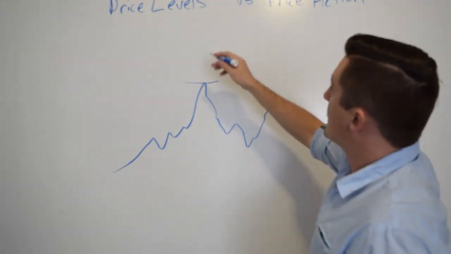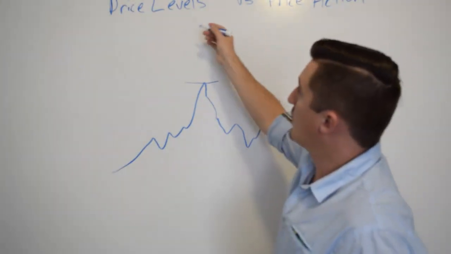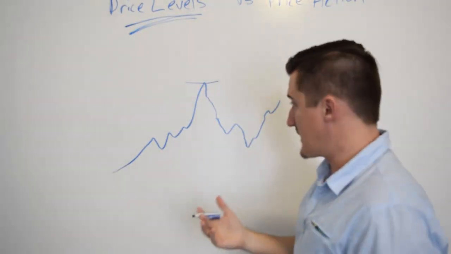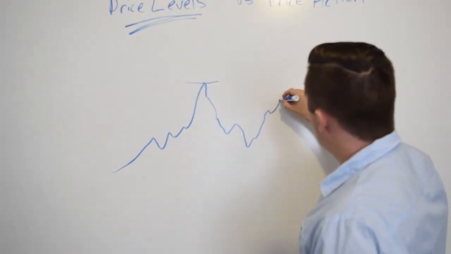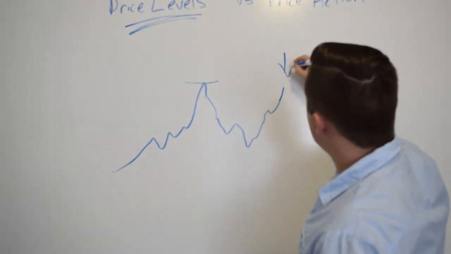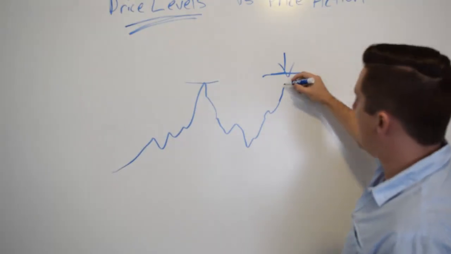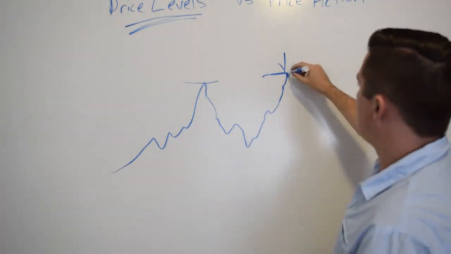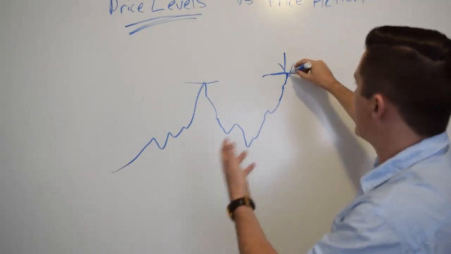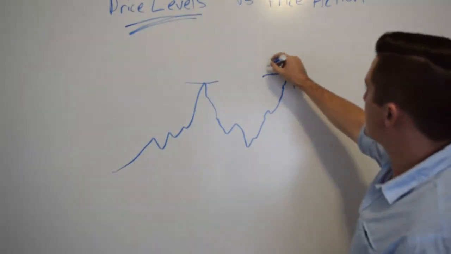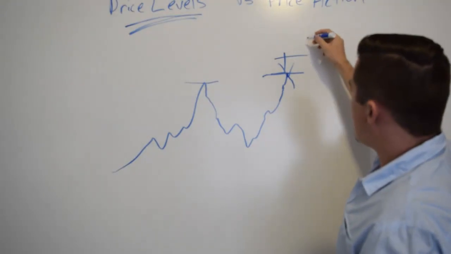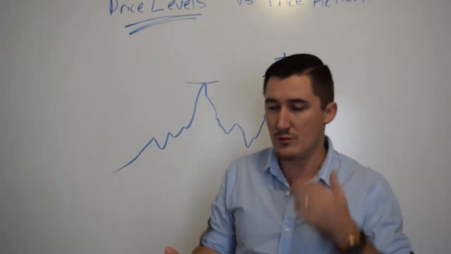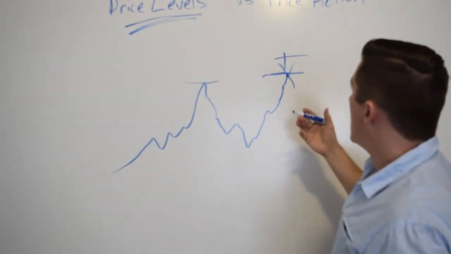A lot of people trading normal price levels would sell this resistance level no matter how the price gets up here, how long it takes or how long it hangs around. They'd set their stop up here, their target down here, and have a good risk to reward.